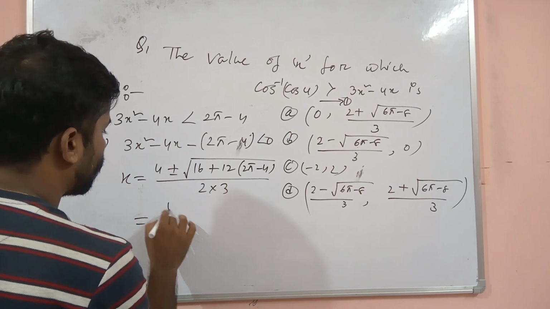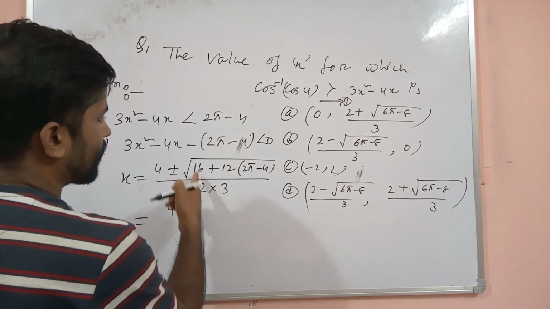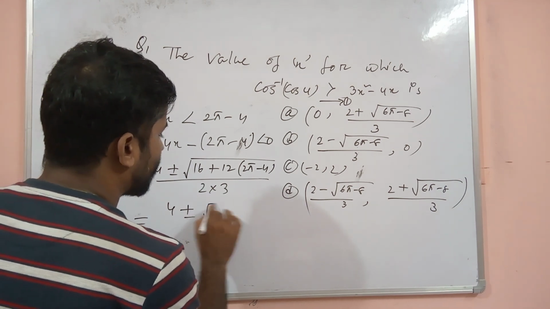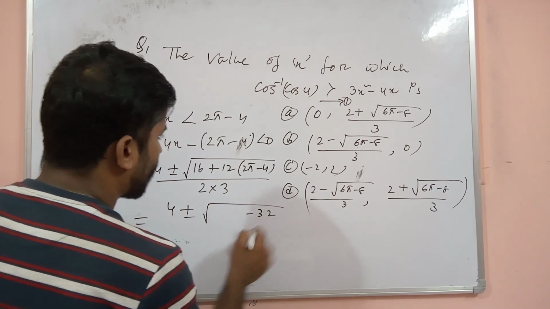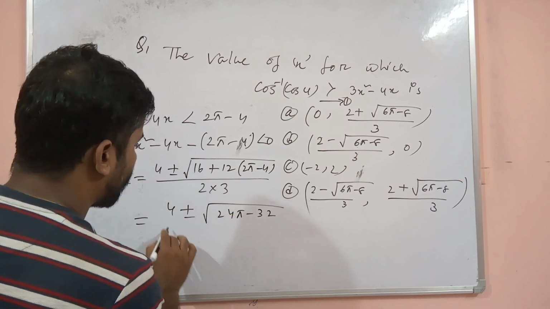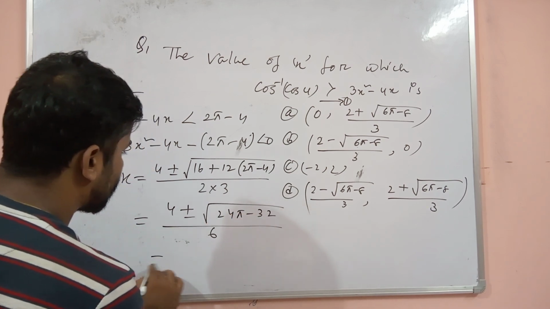So it is 4 plus minus root of 16 plus 12 times (2 pi minus 4), over twice 3. 16 minus 48 is minus 32, plus 24 pi, by 6.